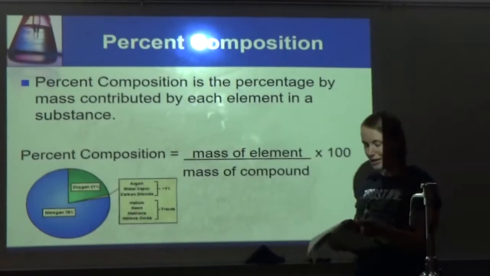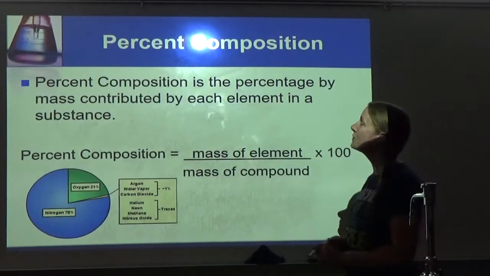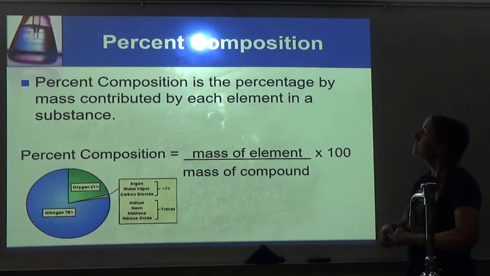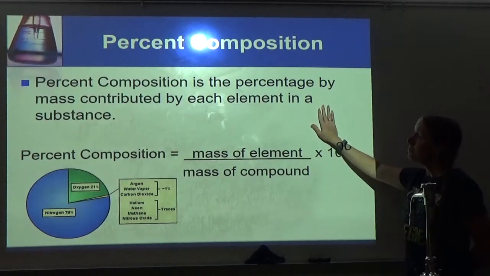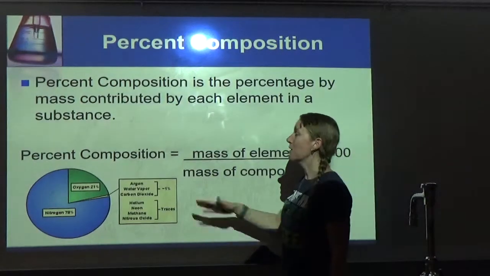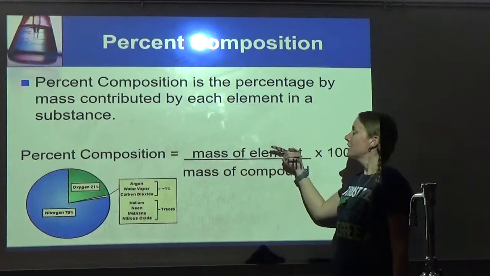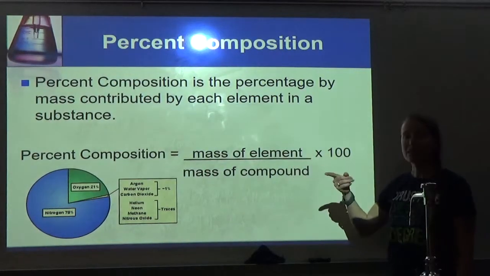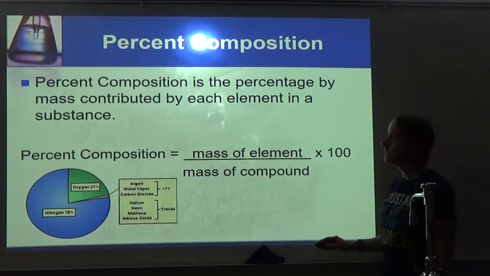All right, so the last thing we're going to talk about in this video is percent composition. So percent composition is the percentage by mass contributed by each element in a substance. So sometimes it's called mass percent, sometimes it's called percent composition, and it's just mass of the element over mass of the compound times 100.